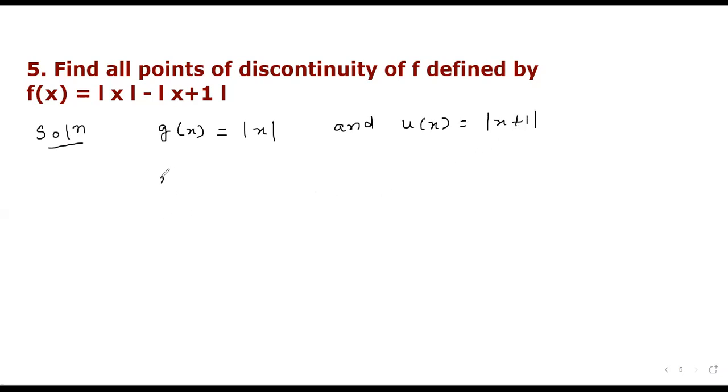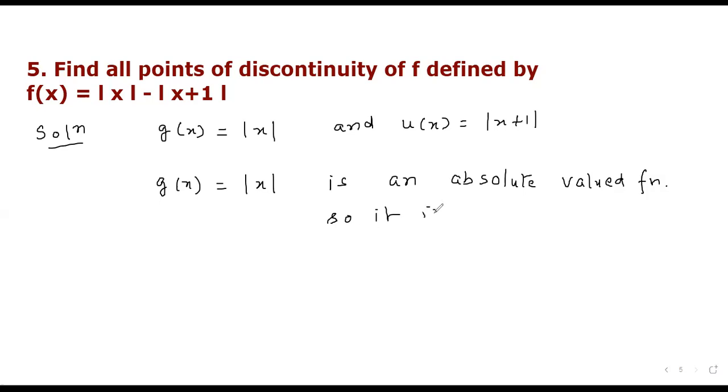Now, g(x) equal to modulus x is an absolute valued function, and it is known that all absolute valued functions are continuous. So it is continuous.